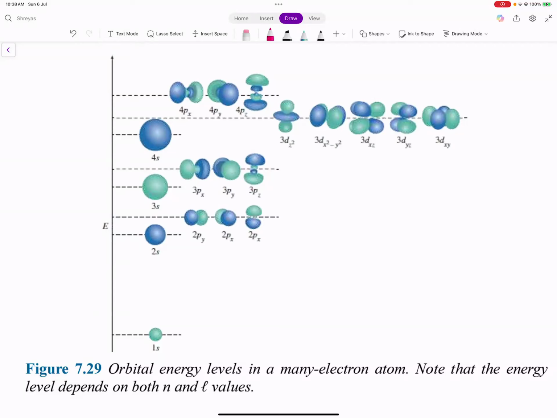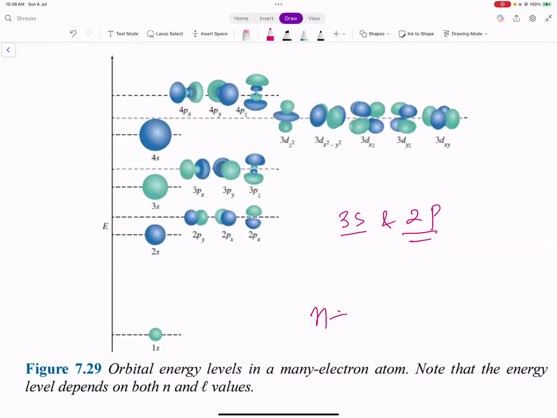Suppose we are given 3s and 2p. How will we go about it?